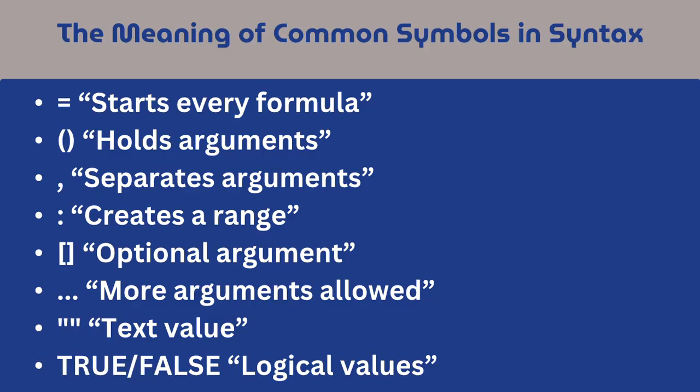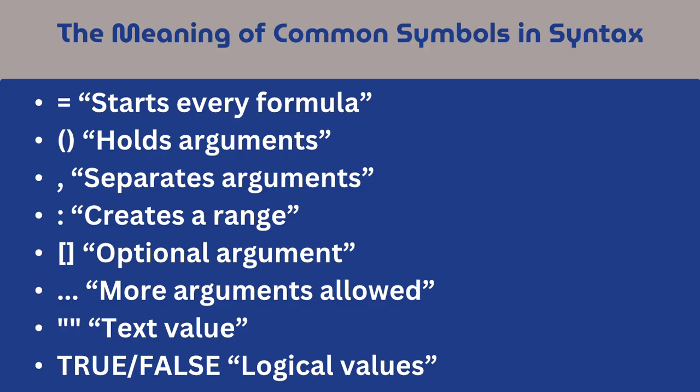Then this bracket here shows what? Optional arguments. Then the three dots show that more arguments are allowed. The quotes show that what? Text value. When you want to enter a text value, you quote it. If you tell Excel to return 0, it might return FALSE, because in logical functions, 0 and 1 are FALSE and TRUE.